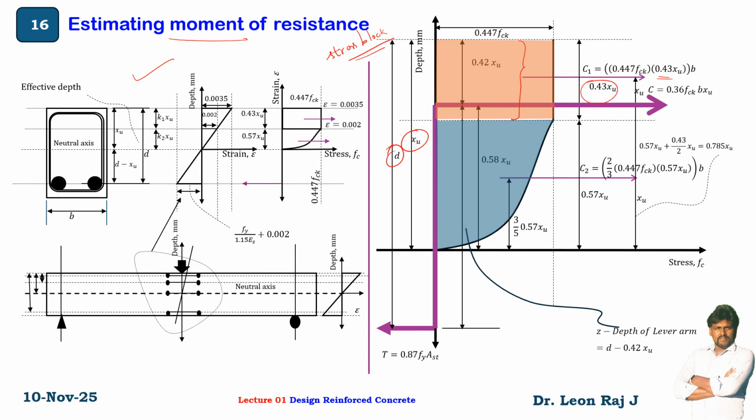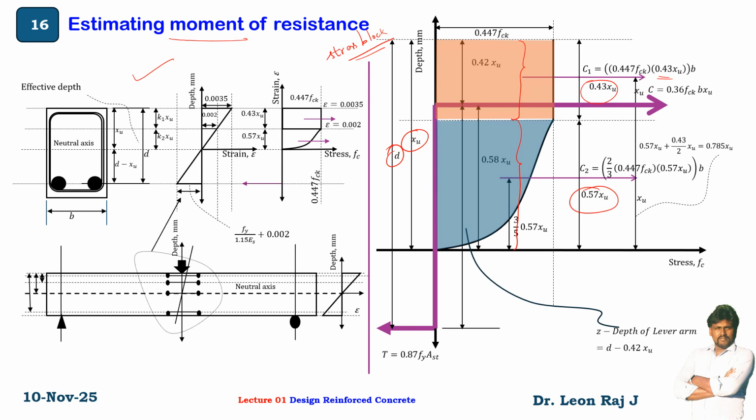This portion is 0.57 XU, and the remaining portion is 0.43 XU. How did we arrive at 0.43 and 0.57 XU? That I will be explaining in the coming slides.